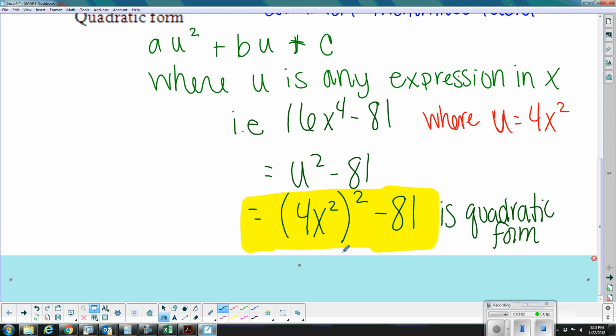So in this example, we would have u squared minus 81, where u is 4x squared. So 4x squared to the second power minus 81 is quadratic form of 16x to the fourth minus 81.